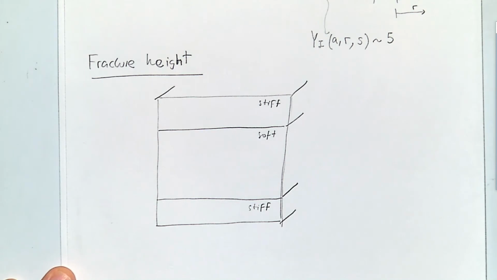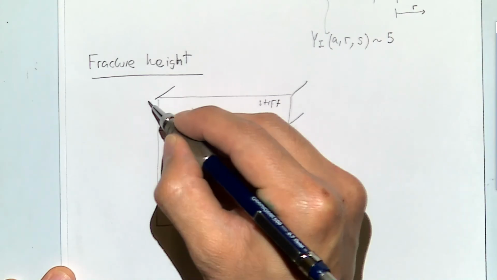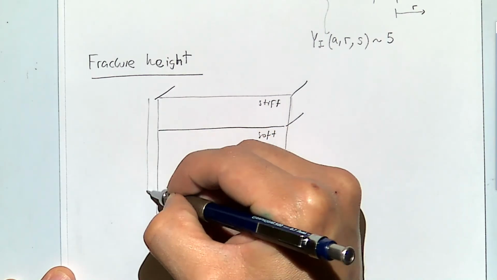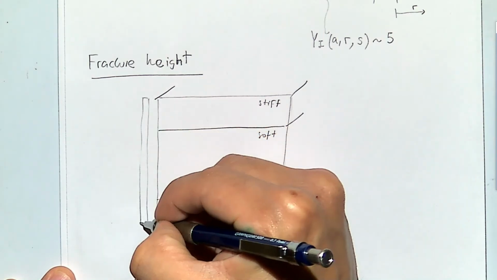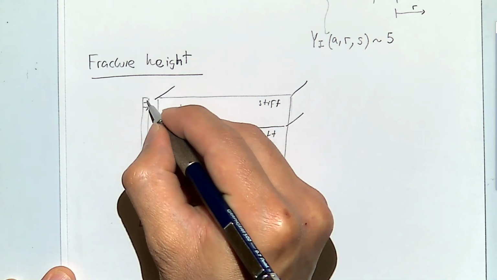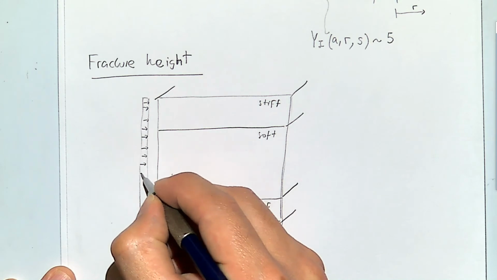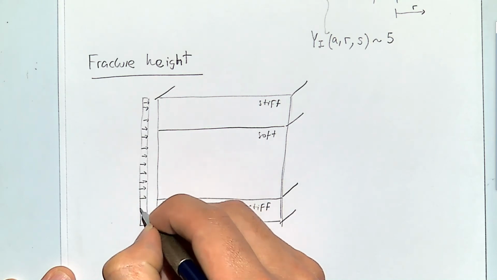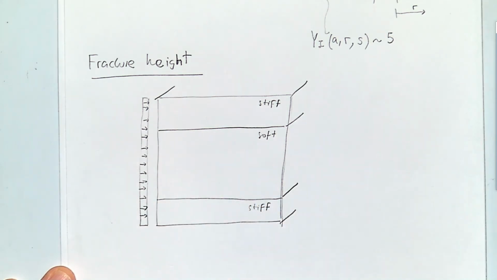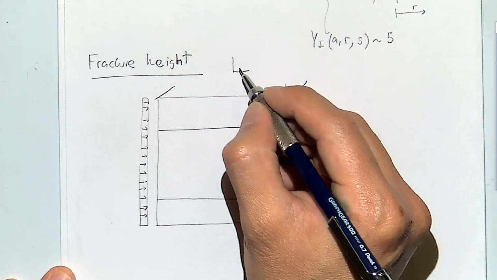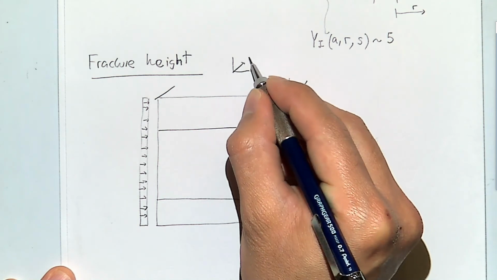And now let's add to this, in the far field, a homogeneous or a constant displacement or constant tectonic stress along the entire interval. Let me add some axes here to make this a little bit clearer.